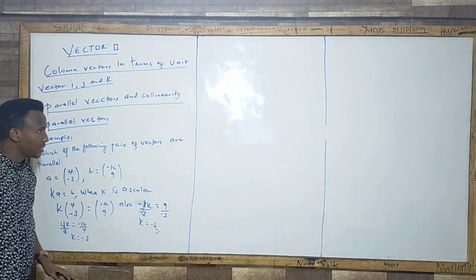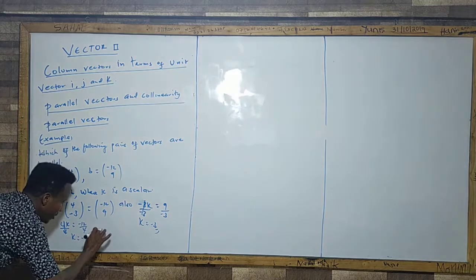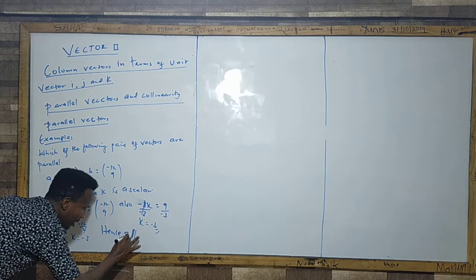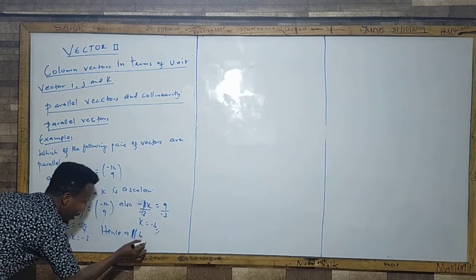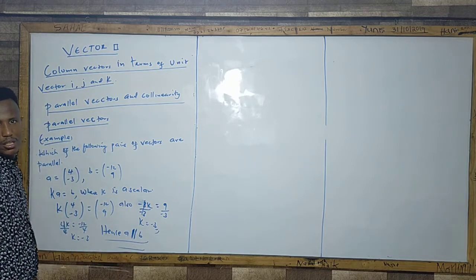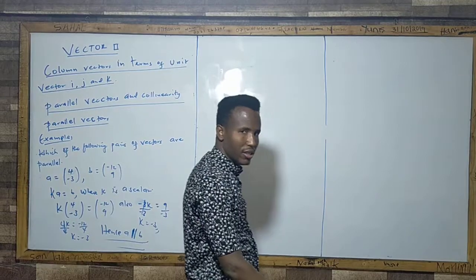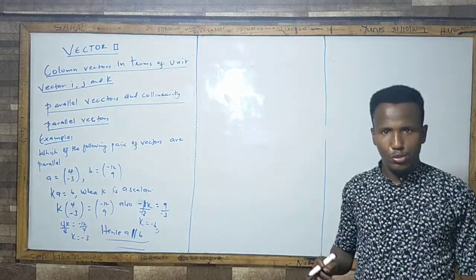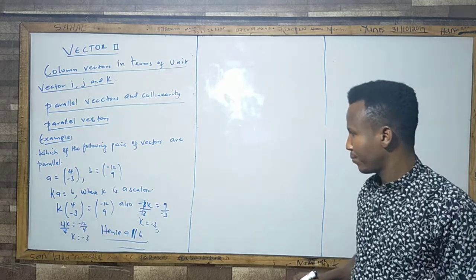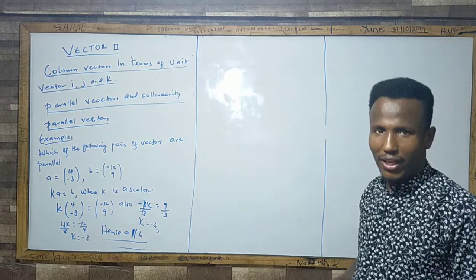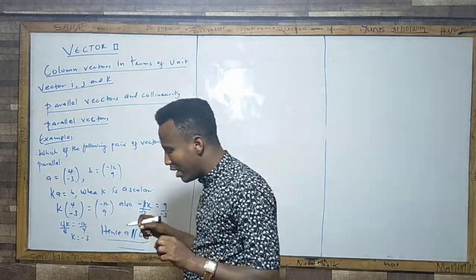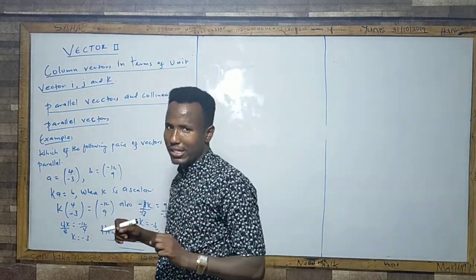So we can say, hence, A is parallel to B. This is the parallel sign. Are you capturing this, please? If you are getting the same value with the same sign, then the two vectors are parallel.